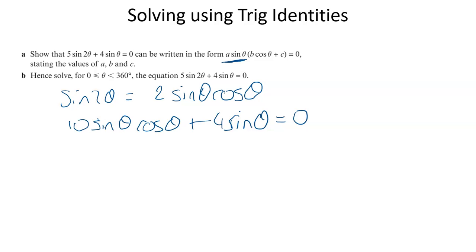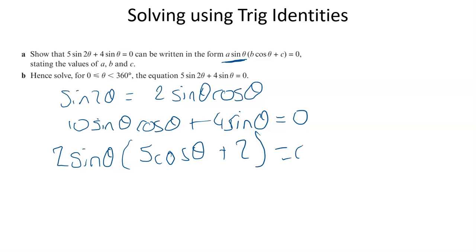So with 10 and 4, we can bring out 2 sine theta, and we'll leave behind 5 cos theta plus 2, and that equals 0. So we've found the values of a, b, and c as 2, 5, and 2.